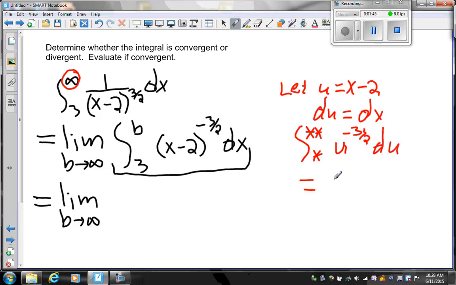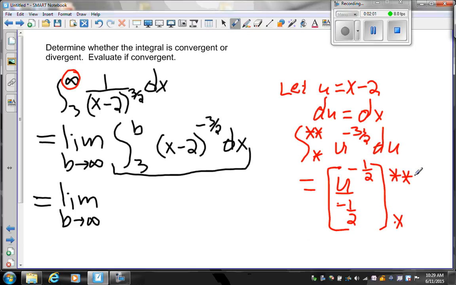And when we find an antiderivative of that, we add 1 to the power, so u to the negative 1 half, and then divide by that same number. And then, of course, we're going to evaluate that on our limits of integration.